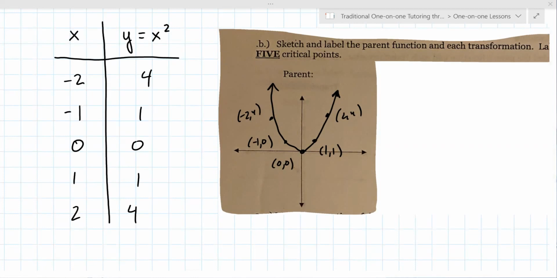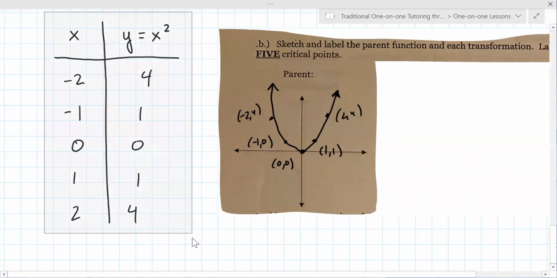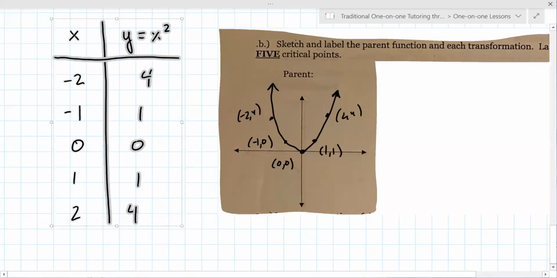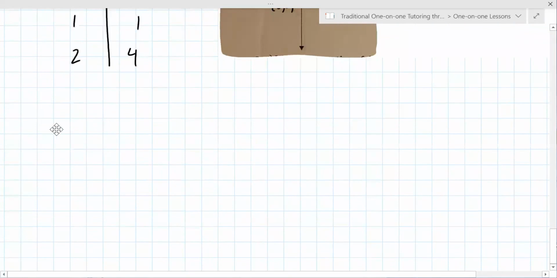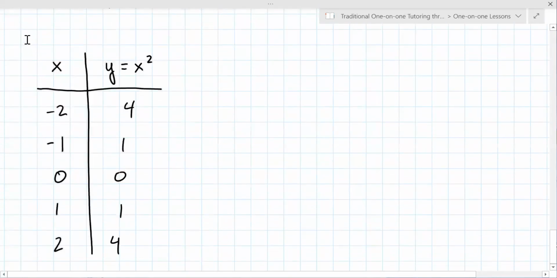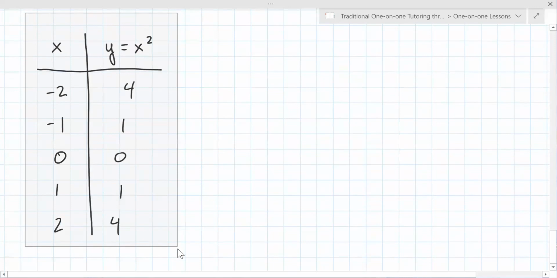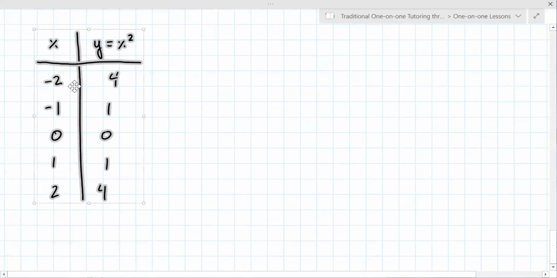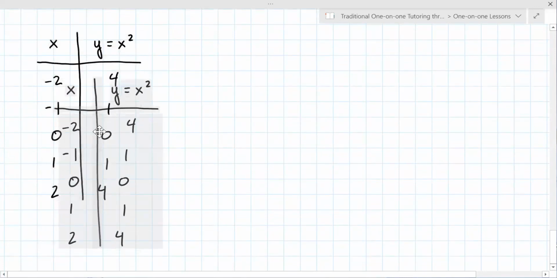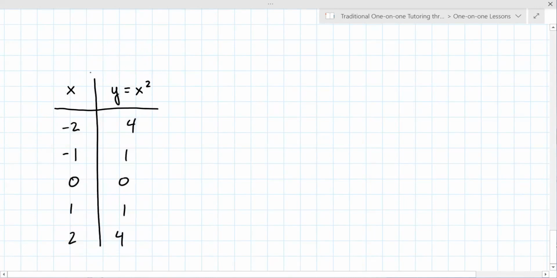Ready to move on? Okay. So I'm going to grab this table. And the first transformation we're going to do is go left 5. Let me make this slightly smaller here. Okay, so we're going to go left 5 units.